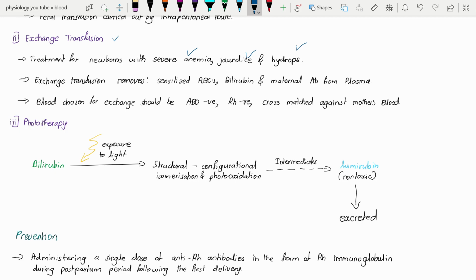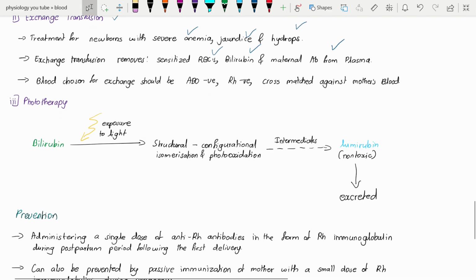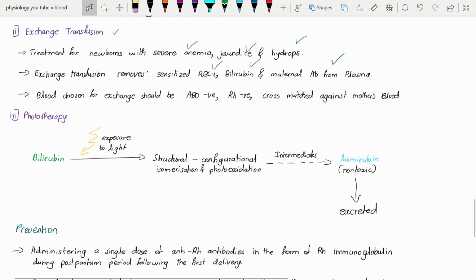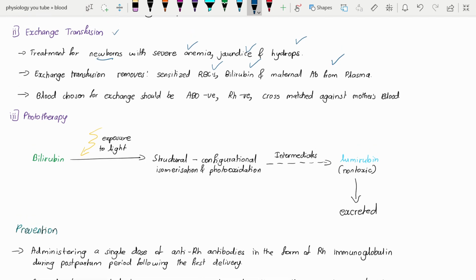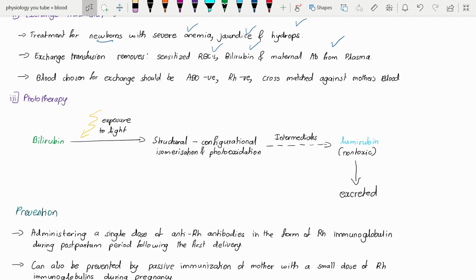The exchange transfusion removes the sensitized RBC, bilirubin and the maternal antibody from the plasma of the newborn. The choice of blood is ABO negative and Rh negative, and it should be cross matched against the mother's blood.